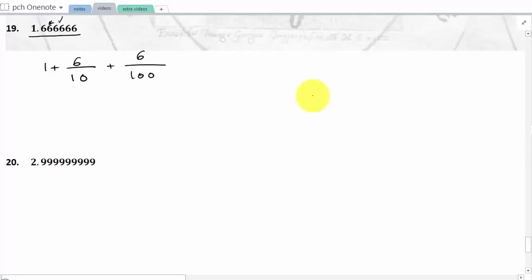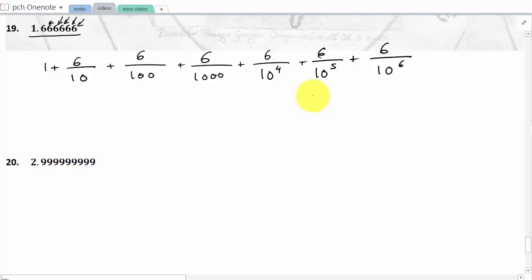Plus 6 over 1,000. So the next ones are going to be 6 over 10 to the 4th, plus 6 over 10 to the 5, plus 6 over 10 to the 6. Does that make sense?